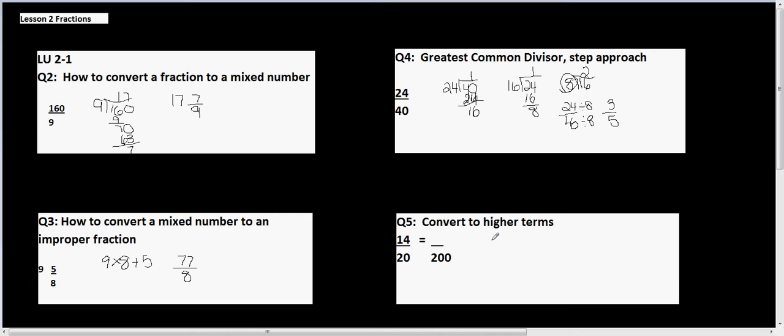So we have 14 times 200 divided by 20, which is equal to 2,800 divided by 20, which is equal to 140.